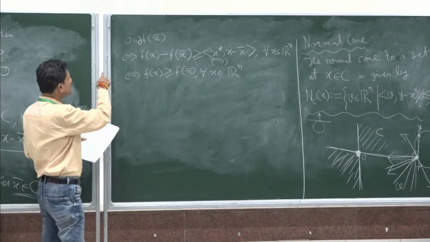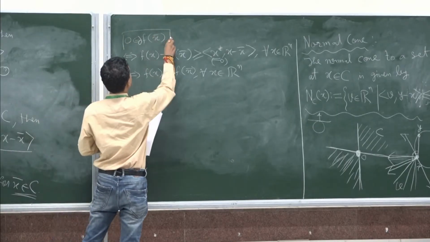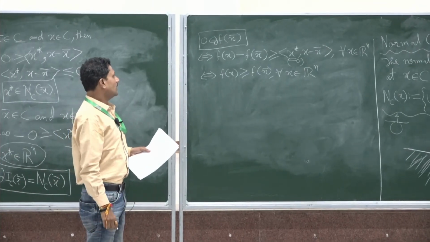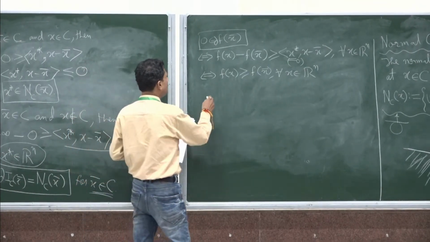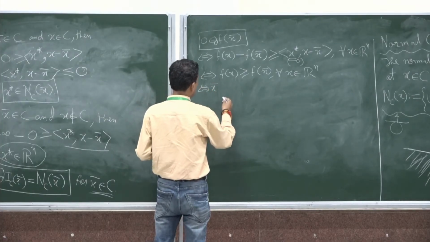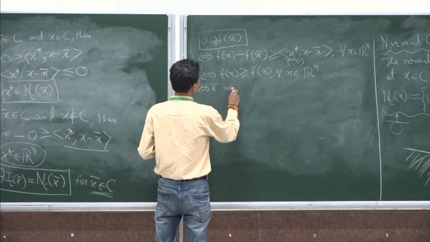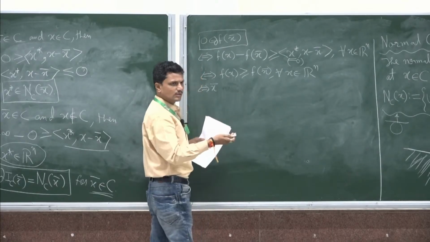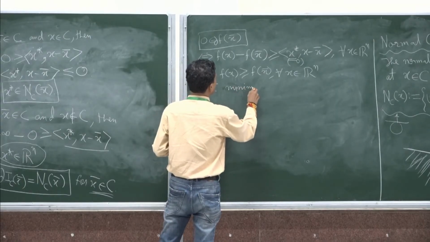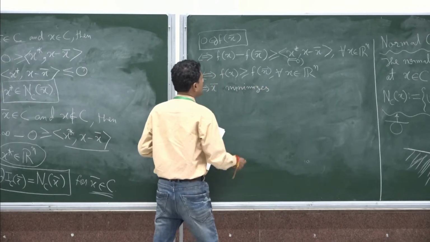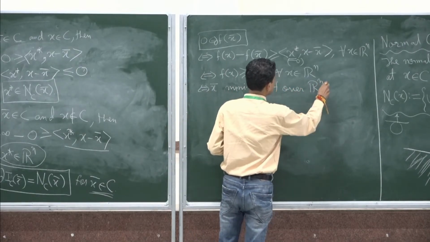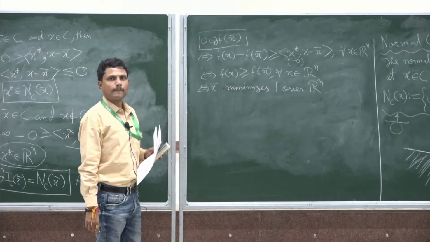So when we have 0 belongs to the subdifferential of f at x bar, it tells us that x bar is an optimal solution, which is equivalent to saying that x bar minimizes f over Rn, right?